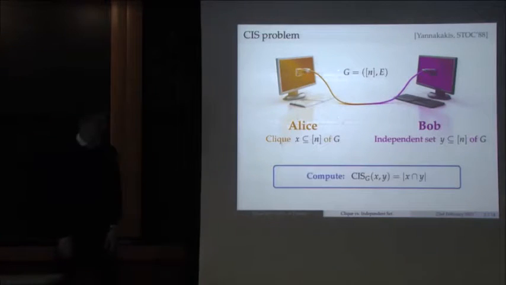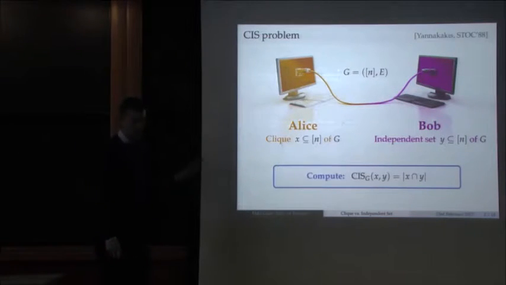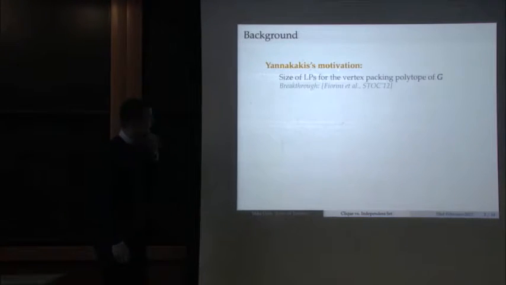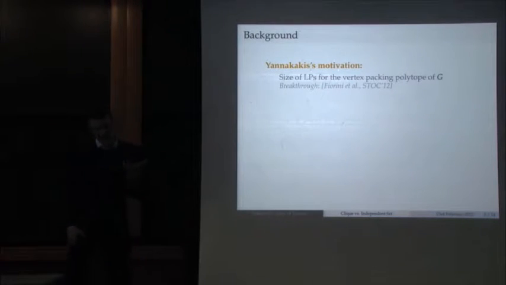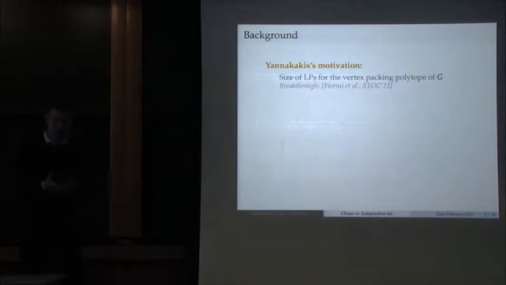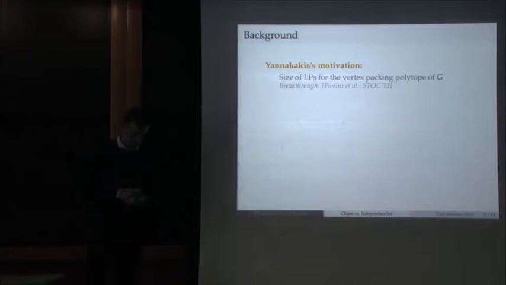So this seems like a fun problem, but it was in fact introduced in a very serious context. In Yannakakis' work, where he was studying the complexity of expressing combinatorial optimization problems as linear programs. So his vision was to show that you couldn't express, say, the traveling salesperson problem as a polynomial-sized linear program.